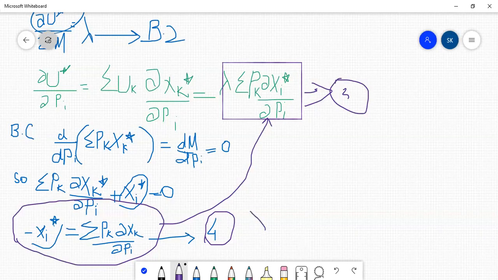I'll write it over here so that it becomes easier for us to see.